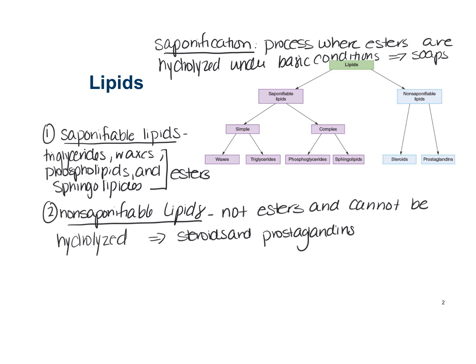I want to go back and talk about the two categories here and how they differ. When we talk about these simple saponifiable lipids, these contain just two types of components. Generally a fatty acid and an alcohol.